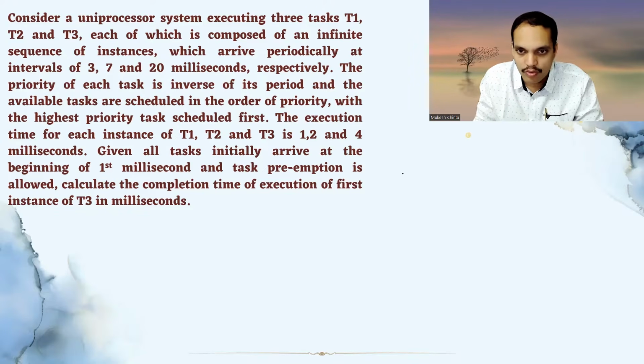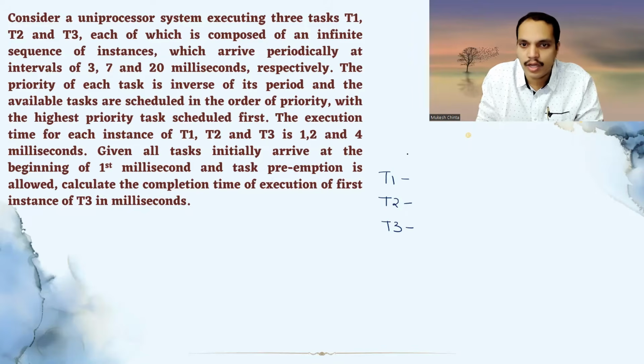Now, let me write down this particular given theoretical in the form of a table. I have 3 tasks here: T1, T2, and T3. It is clearly given that each one of these 3 tasks arrives at a period of 3, 7, and 20.